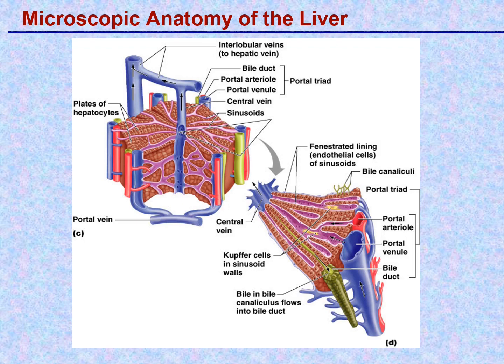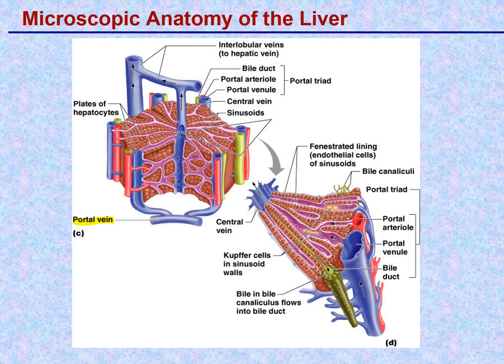And the hepatic portal vein branches off into many tiny portal veins. Let me get a different color. So you have all sorts of portal veins throughout the liver that are delivering blood.